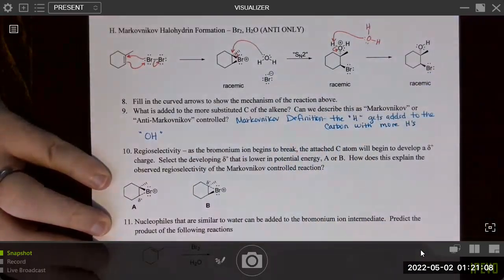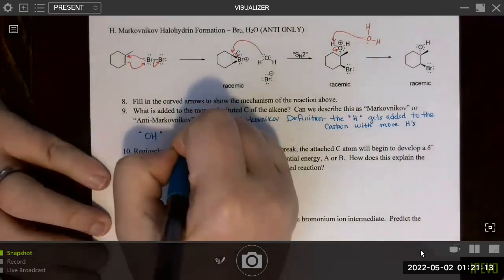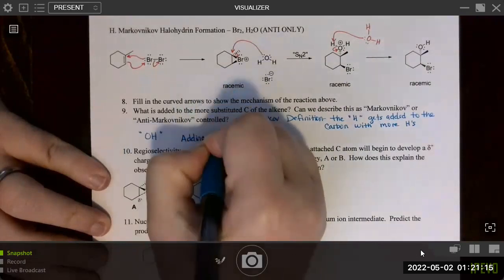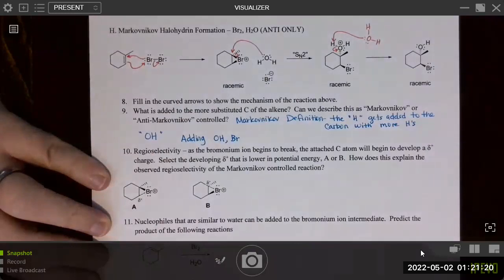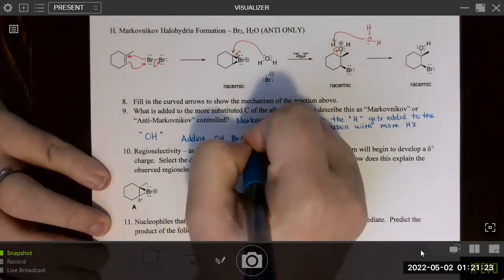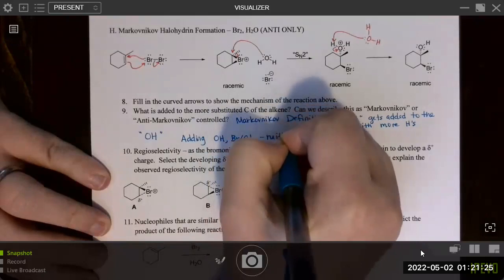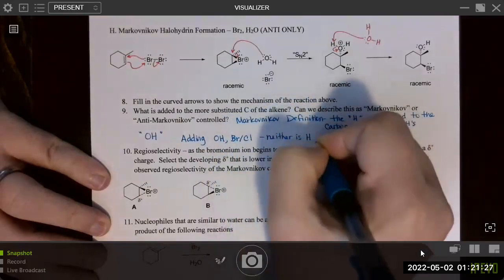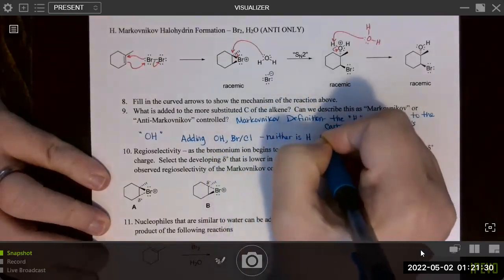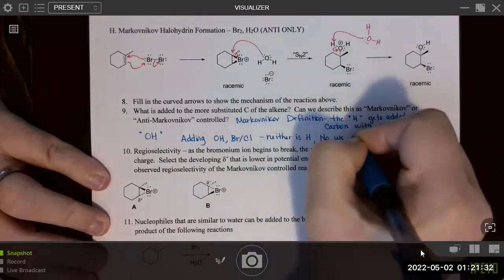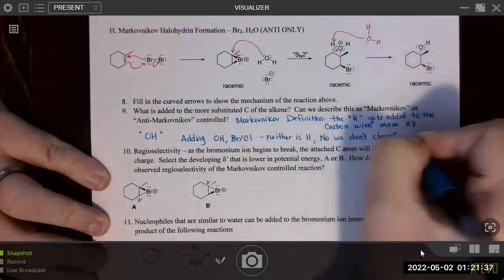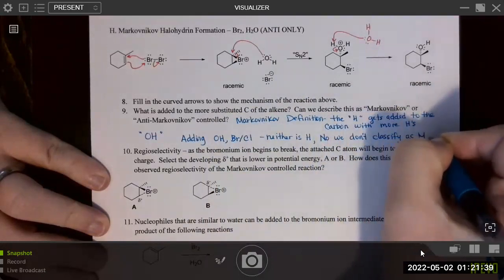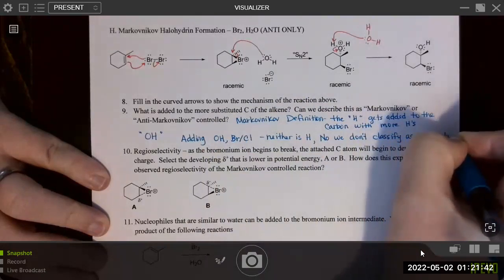So I would say no, it cannot, because we are not adding a hydrogen, right? We're adding the OH group and a bromine, or a chlorine. So since neither is a hydrogen, no, you don't classify as Markovnikov or anti-Markovnikov.